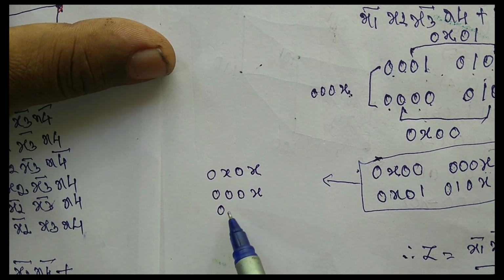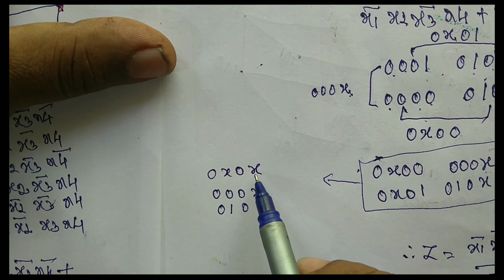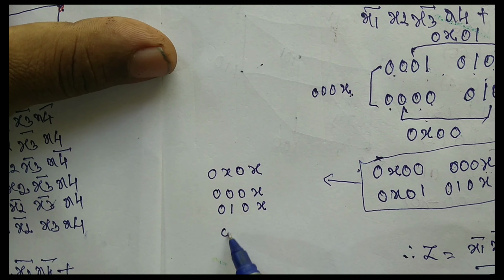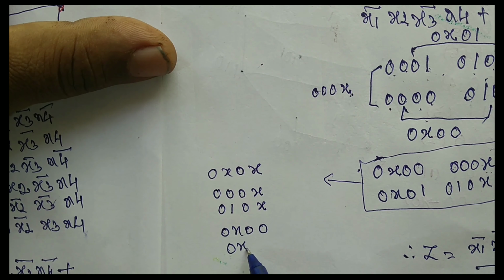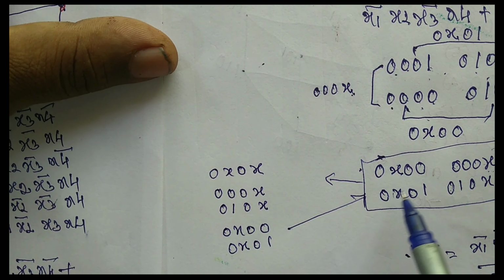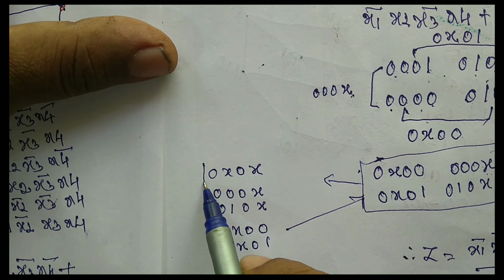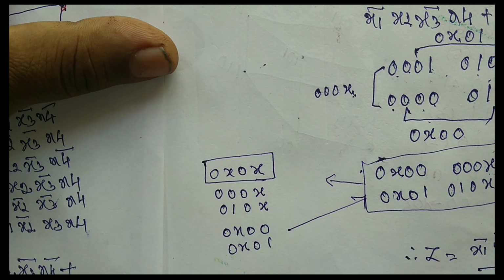Put x is equal to 1, we can get 0, 1, 0, x. Now we put the second one, that is 0 x 0 0. Then put x is equal to 1, 0 x 0 1. So we can get the same value. So these four terms combinedly we can write 0 x 0 x.